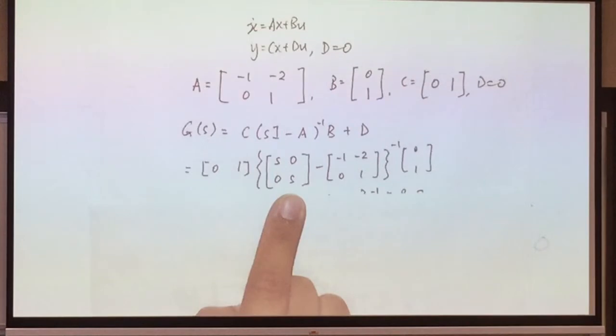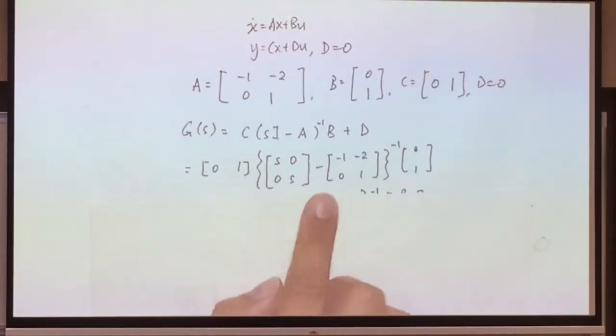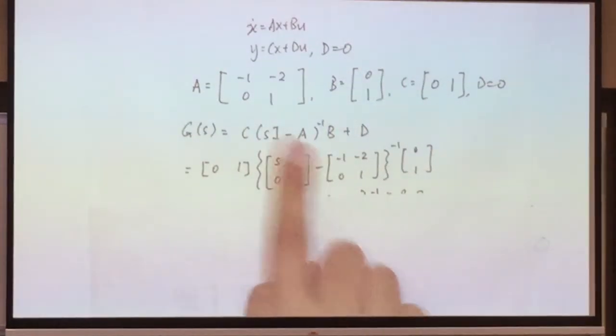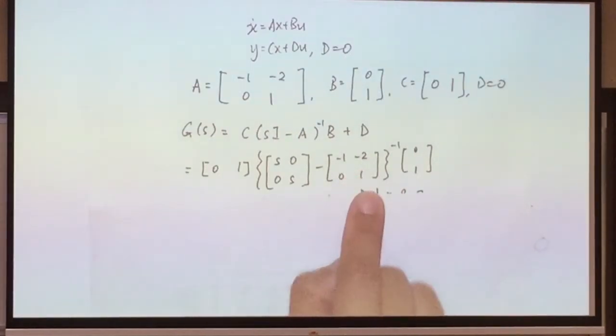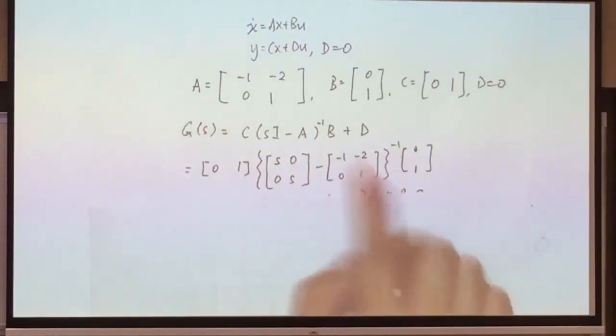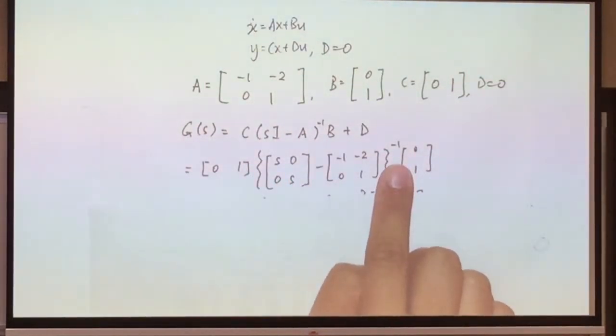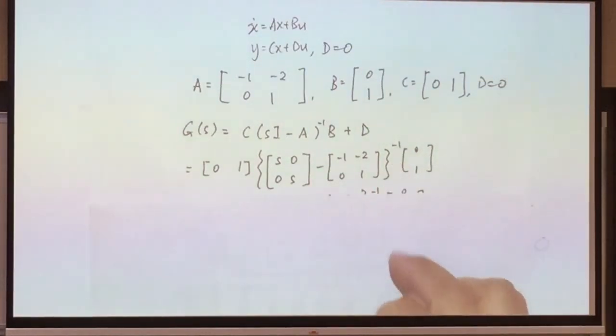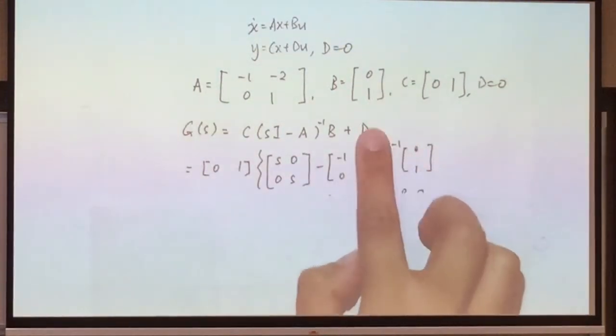At any point in time, if you don't understand, just raise up your hand. Minus A, which is [-1, -2; 0, 1], the whole thing in brackets inverse. If you do not know how to compute an inverse matrix, please go back and learn. Then B, [0, 1].